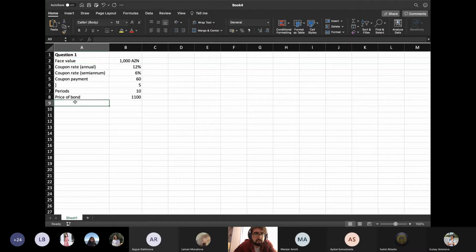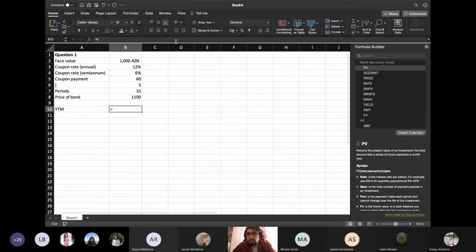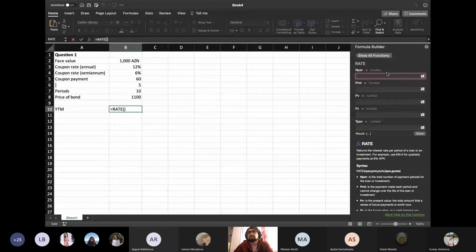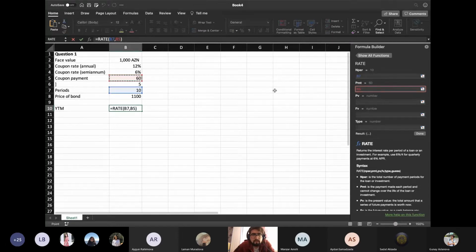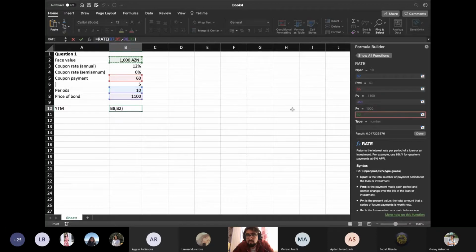So we can easily apply yield to maturity formula or rate formula as we did before in bond valuations part 1. We have number of periods 10, payment 60, present value is minus 1,100, future value or face value is 1,000.